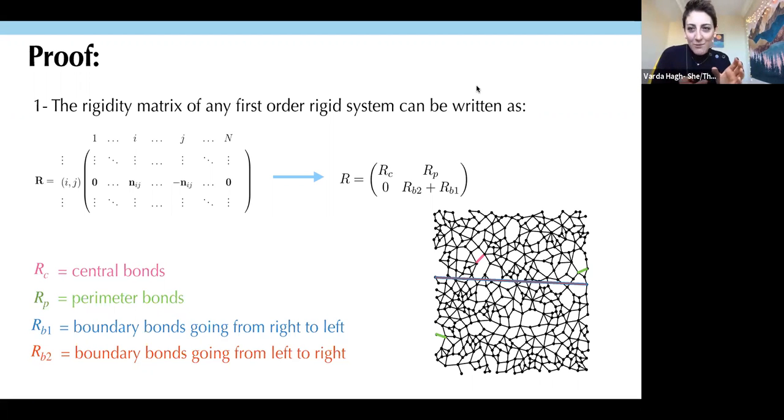There are discussions that show that truly jammed systems, or the actual jamming, happens when you have at least these states of self-stress and above that.